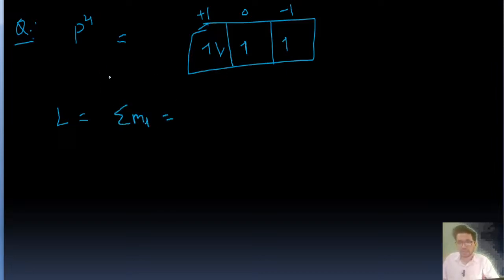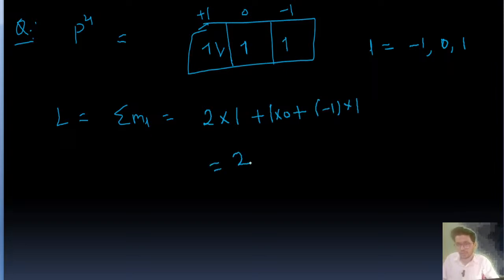There are two electrons in +1, one in 0, and one in -1. So this is 2 plus 0 minus 1. So this value is 1. So L value is 1.